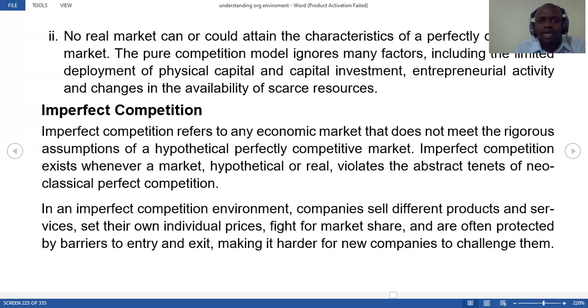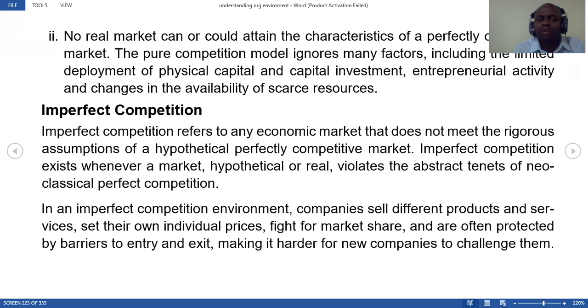Then no real market can or could attain the characteristics of a perfect market. So it is just on paper, but in reality, we do not have a market that is perfect. Either you can find that we have a lot of demand, or you can find that the supply is also high. At no given time will you ever find a perfect market in reality.